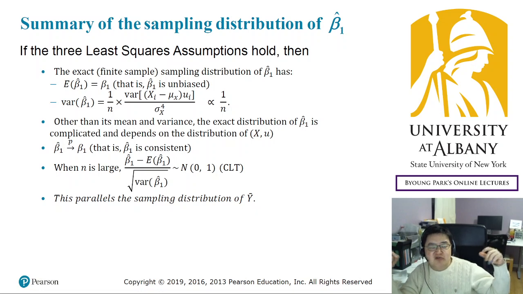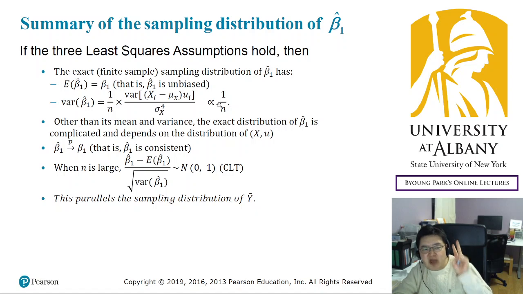Your variance will decrease, and in the limit it will go to 0, proportional to 1 over n. So unbiased is the first point, and 1 over n is the second point. The third point, which follows from the first two, is that it's consistent. As the sample size goes to the limit, your estimator will be certainly correct without any error.